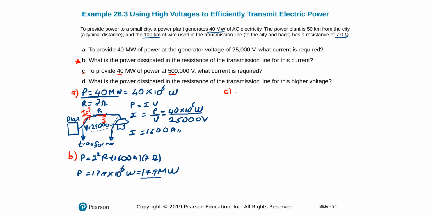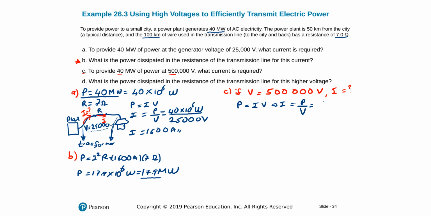What is the current if the transmission voltage is 500,000 volt, what is the current required? And we will use again P is equal to IV, and I is equal to power over voltage.